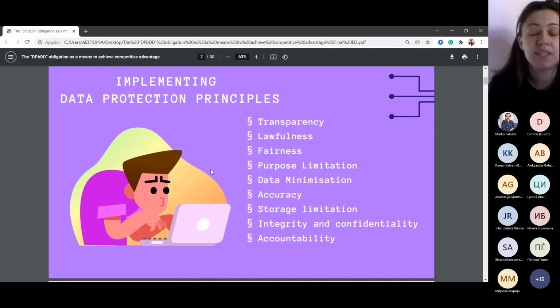And it must be demonstrated every time that these principles have been taken into account when we are designing the measures in order to be in compliance.